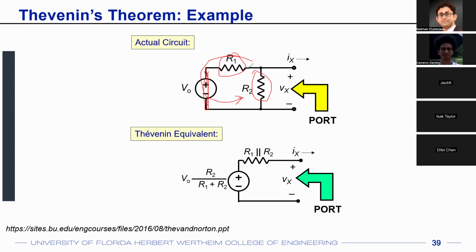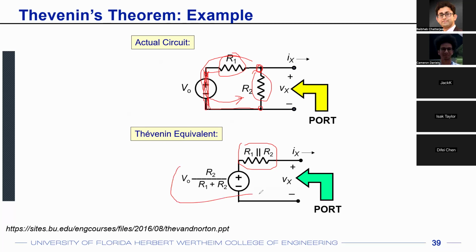Why do I say that R1 is parallel to R2? Because now, because the voltage source is shorted, the top terminal of both the resistances and the bottom terminal of both the resistances are the same, effectively the same, because the voltage source does not exist anymore. And that's why you have R1 in parallel with R2 as your equivalent resistance. Right? That's your Thevenin equivalent resistance looking into the port.